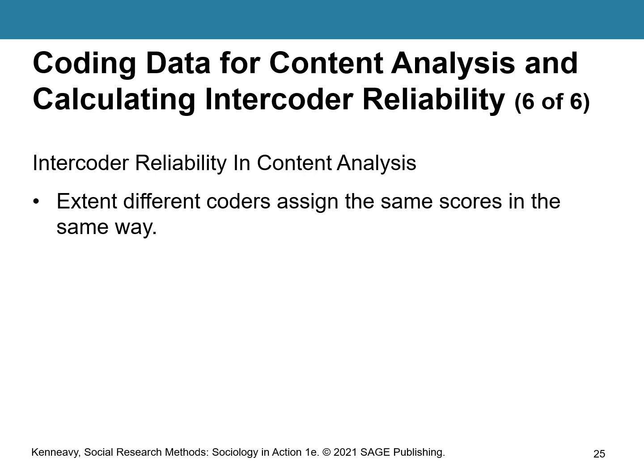Intercoder reliability in content analysis is the extent to which different coders assign the same scores or codes to an item in the same way. When I've worked with a team or a group on a group project, we compared: what was your reasoning and justification for coding something in a particular way?